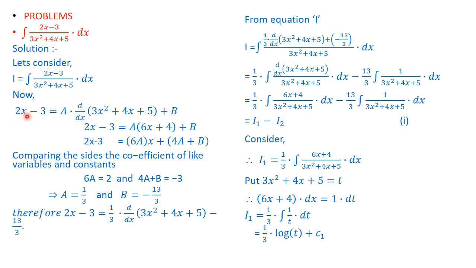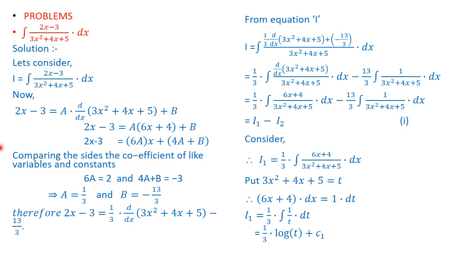Now here, 2x minus 3 for the numerator is equal to a into the derivative of the denominator plus b. So 2x minus 3 is equal to a into, what is this derivative? 3 into 2 is 6x plus 4, and the derivative of 5 is 0, it is a constant, plus b.